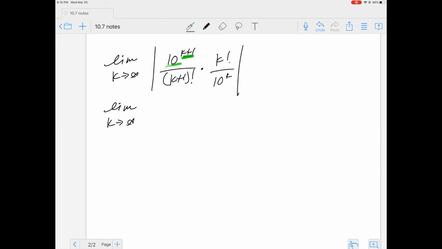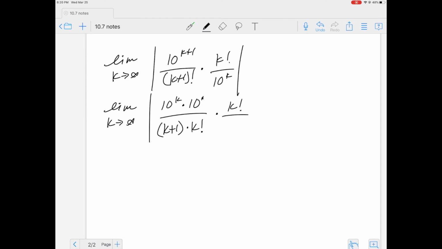Remember, like bases, you add those exponents. So you can break this up to be 10 to the k times 10 to the first power, right? You don't have to write that one. Over, and we just discussed, k plus 1 times k factorial because you're going down 1. So you have k plus 1 minus 1 is just k.